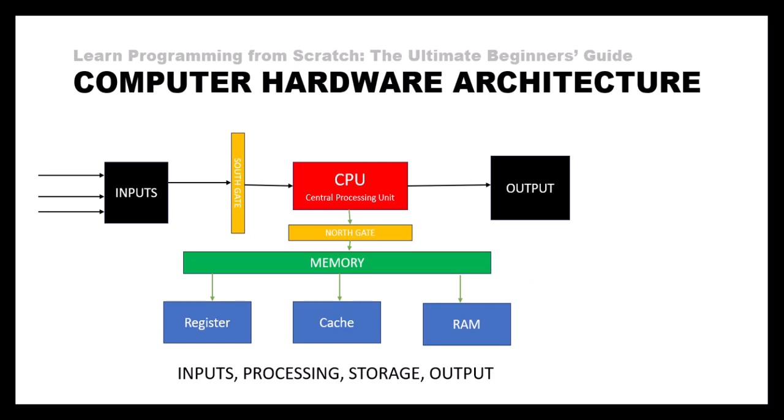Before you come to this diagram here, the architecture itself, I need you to focus on these words below. So what exactly is computer architecture? Computer architecture is made up of four major components. One, there should be inputs: data that comes as input into a computer.